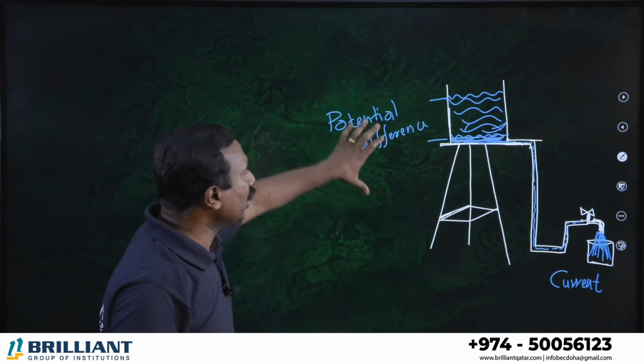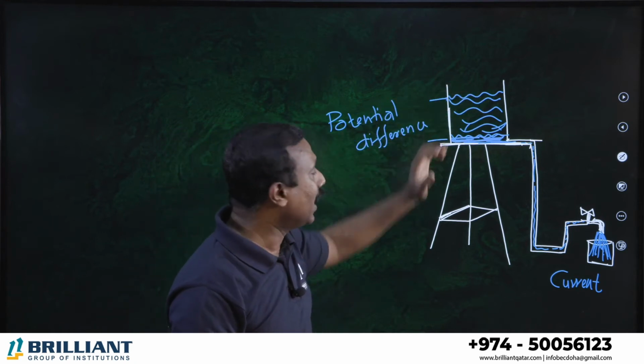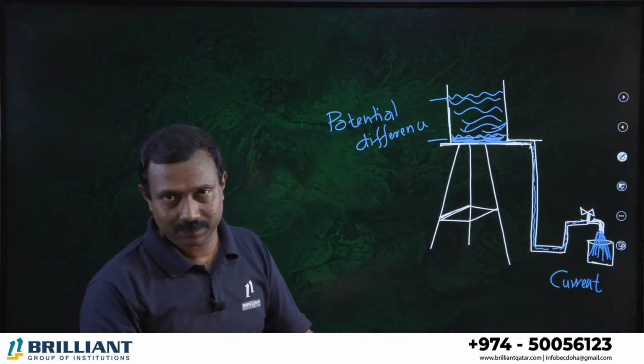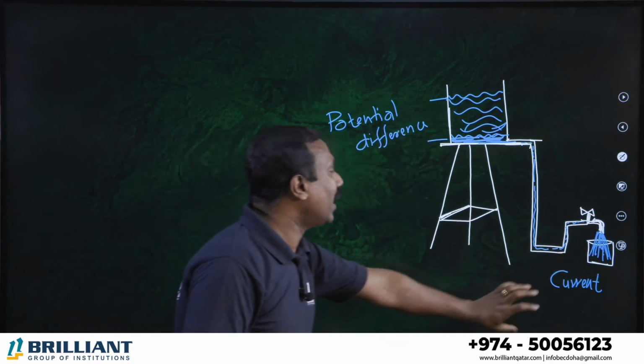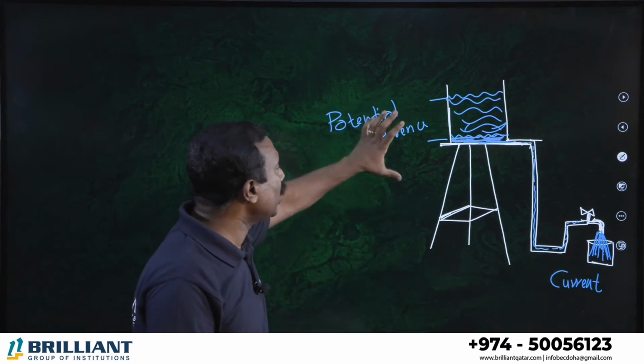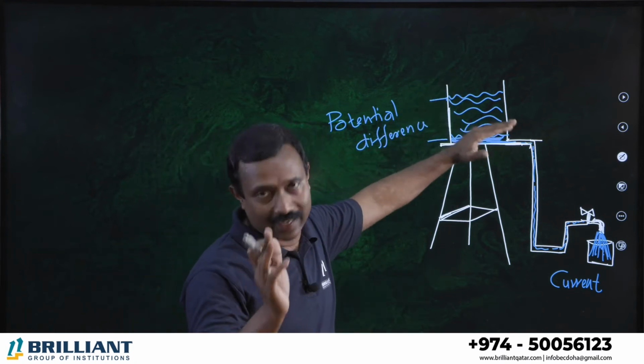So now I take the potential difference from the level difference of the water, and the current from the flow of water. It's clear now. So the current is analogous to the water flow, and the potential difference is analogous to the water level difference inside the tank.